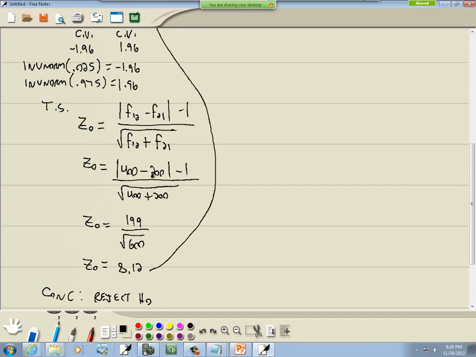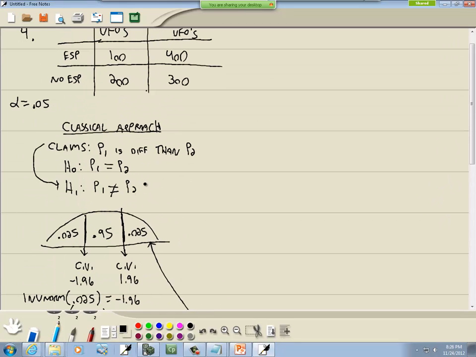Okay, let's look at it using the p-value approach. I would just recommend, though, doing the classical if I was doing it.